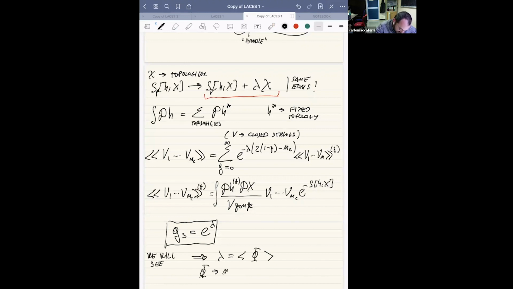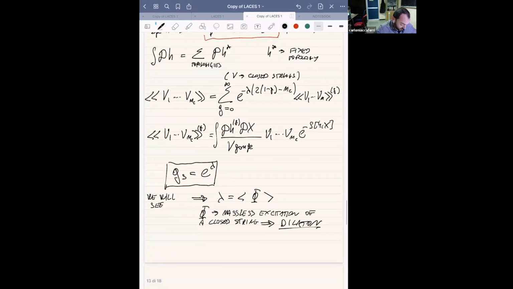This is a massless excitation of a closed string, which has a famous name, which is the dilaton. We will see this emerging from the spectrum, from the physical excitations of the string.